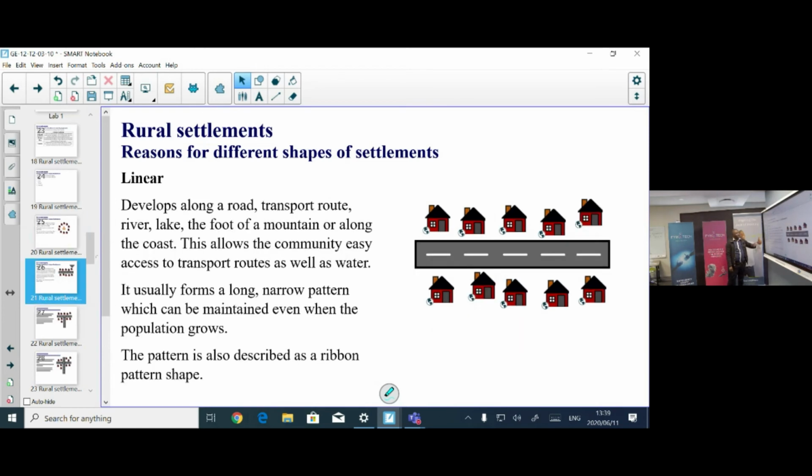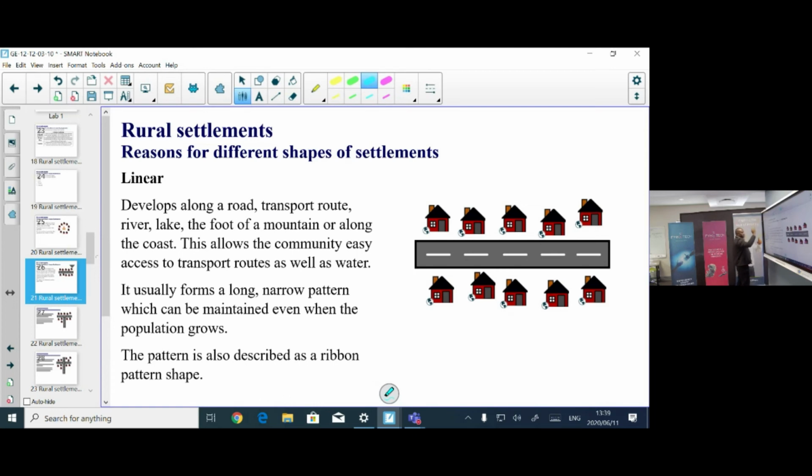Let's look at the linear. Develops along a road, transport route, river, lake, the foot of a mountain, or along the coast. This allows the community easy access to transport routes as well as water. It usually forms a long, narrow pattern which can be maintained even when the population grows.